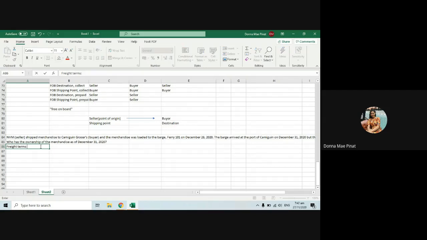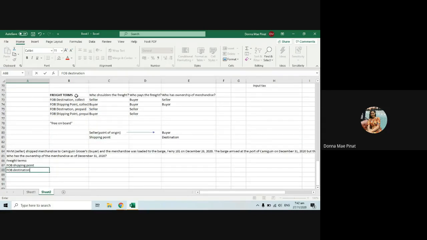So, kung FOB shipping point or FOB destination. Diba? Kaya unsa gali ang atong gi-discuss about FOB shipping point.